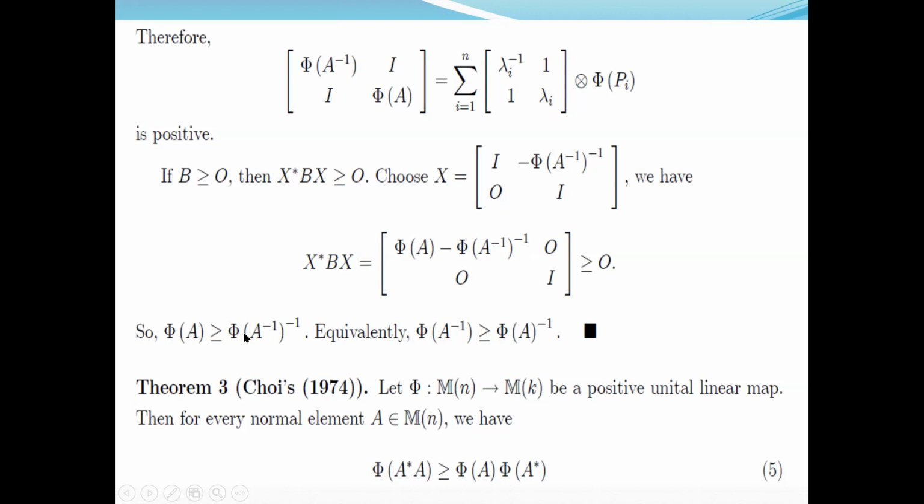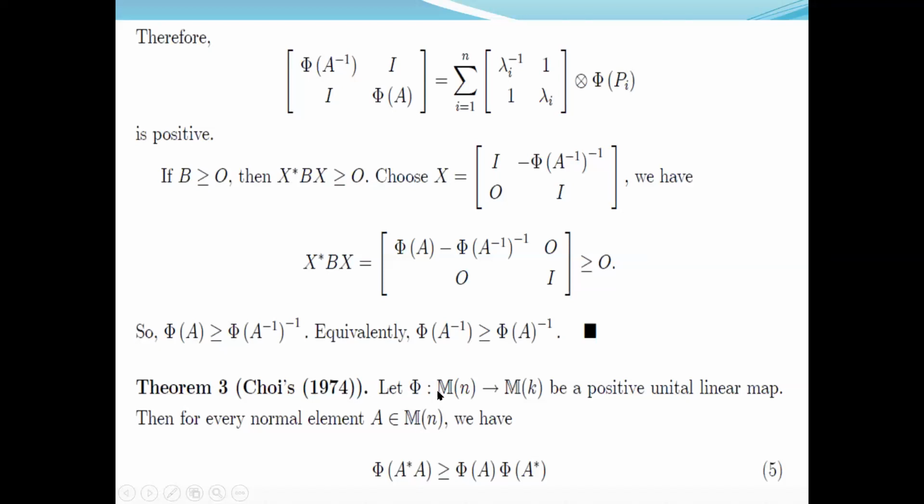So phi of A inverse is greater than or equal to... but we have just studied that if A is greater than or equal to B, then B inverse is greater than or equal to A inverse. This means the inverse of this, which is phi of A inverse, is greater than or equal to the inverse of this, which is phi of A, whole inverse. Now Choi has one more theorem.